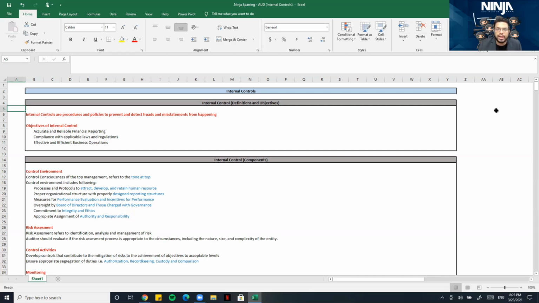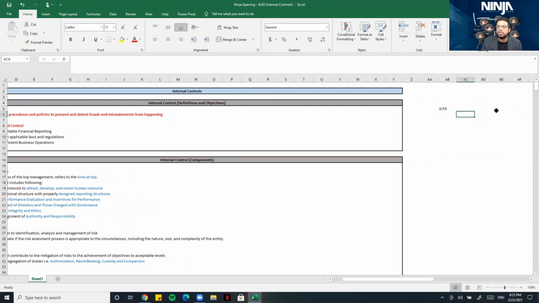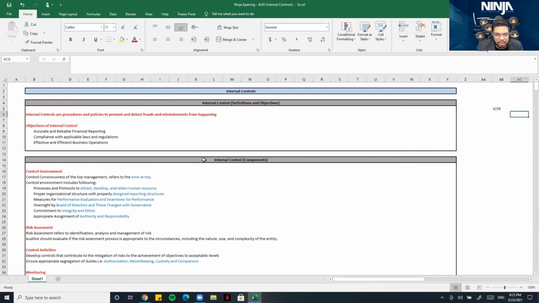However, because we are conducting a financial audit, we are more concerned about internal controls over financial reporting, which is ICFR. Now, ICFR essentially prevents and detects frauds and misstatements from happening. These are procedures and policies. ICFR is essentially procedures and policies to prevent and detect frauds and misstatements from happening.